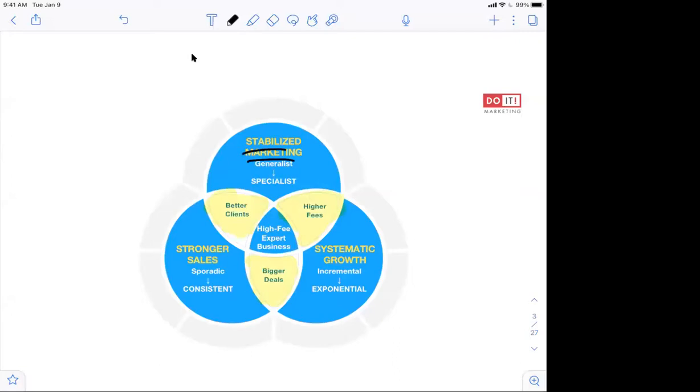Stabilized marketing. The reason stabilized marketing is important is because there are a ton of me-too, look-alike, sound-alike, act-alike experts, coaches, consultants, speakers, and trainers who look like they do what you do. Notice that distinction. They don't do what you do because you're magic, you're special, you're awesome, but it looks like that they do what you do.